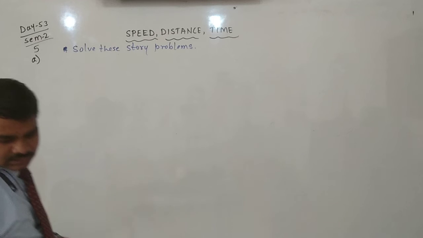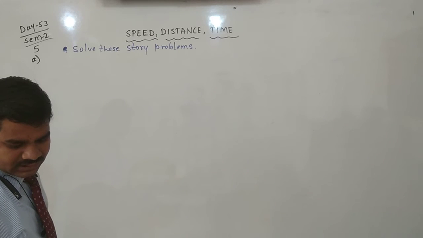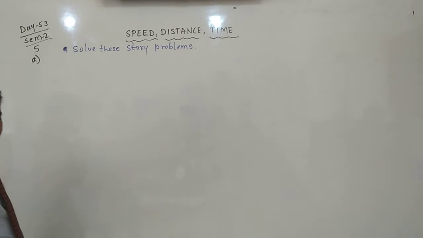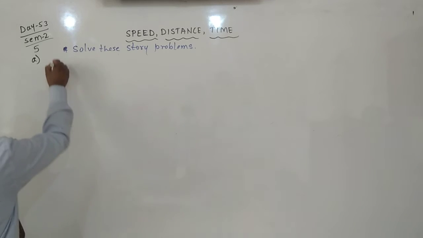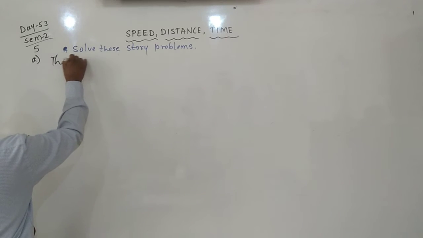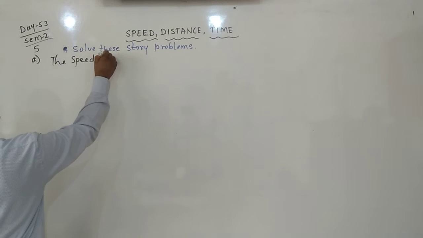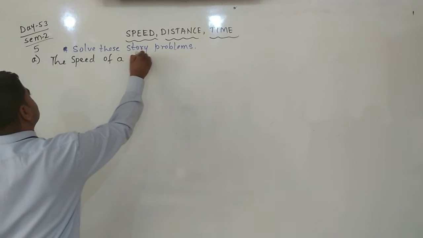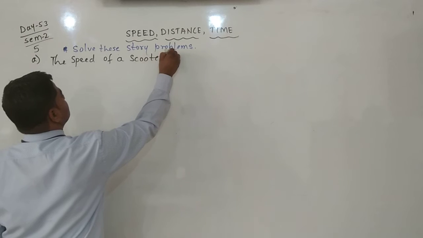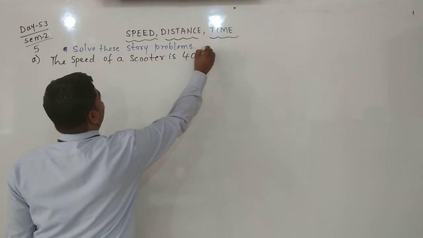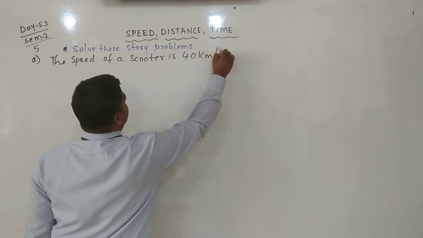The speed of a scooter is 40 kilometers per hour.